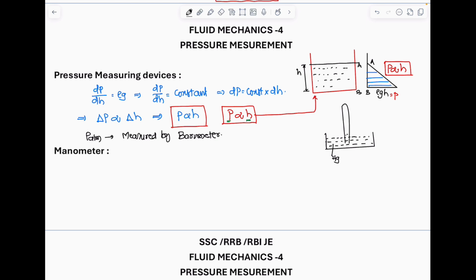Then mercury inside the tube rises to a height h above the level of the mercury in the container, and he measured it to be 760 mm Hg. That is equal to 0.760 meter Hg.